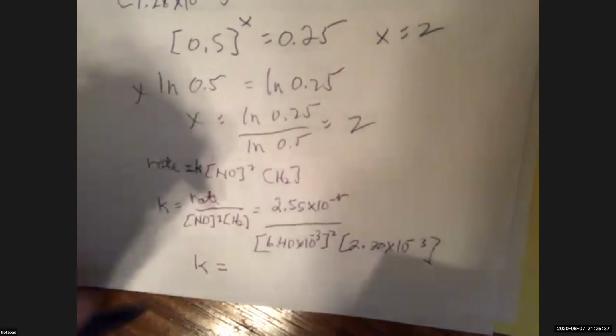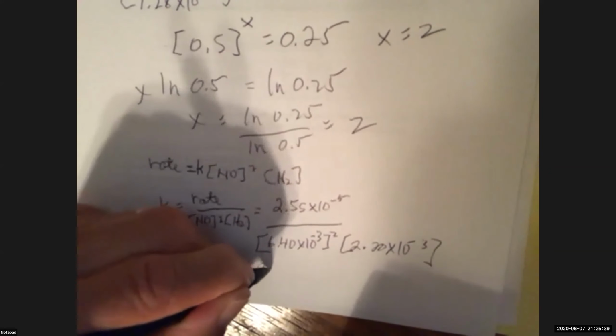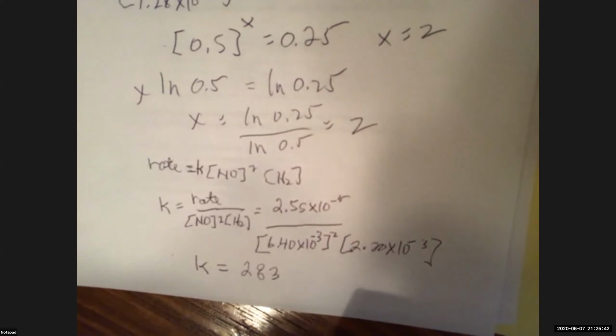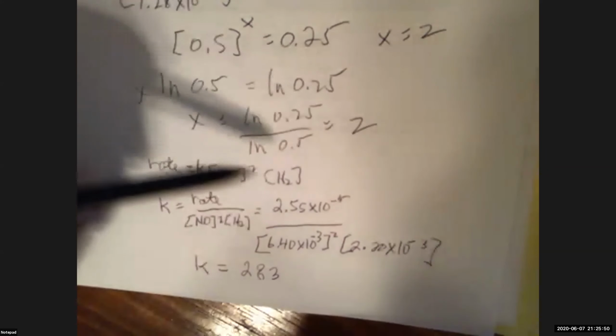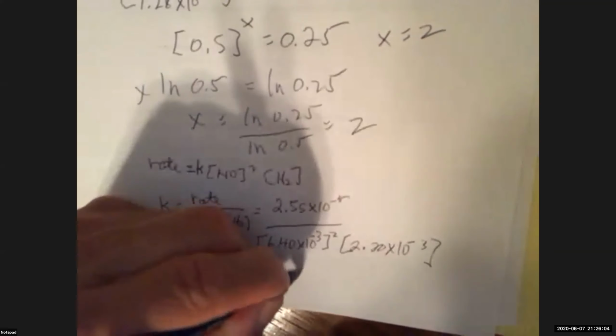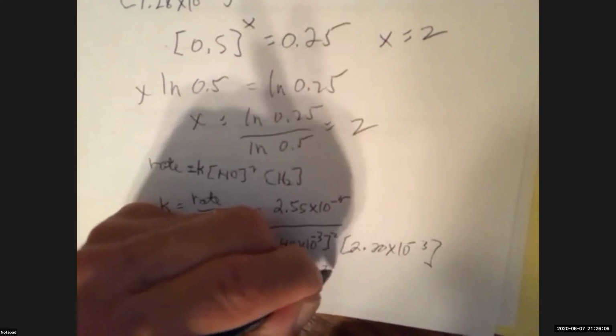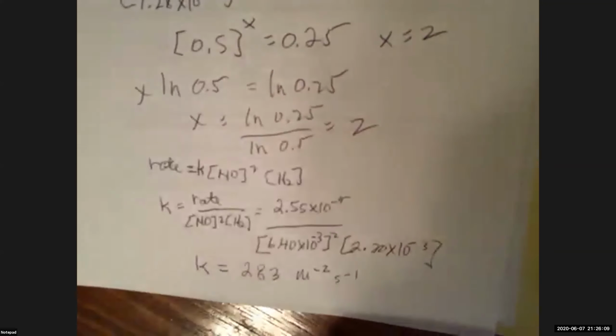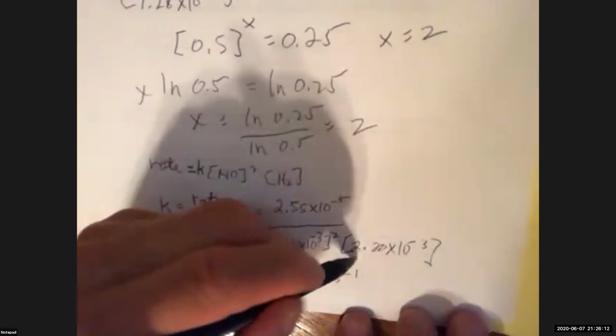If I calculated right, I get 283. And the unit: we have moles per second, or molarity per second, divided by molarity squared times molarity cubed. So our units are molarity to the negative 2 seconds to the negative 1. So this is a third order reaction.